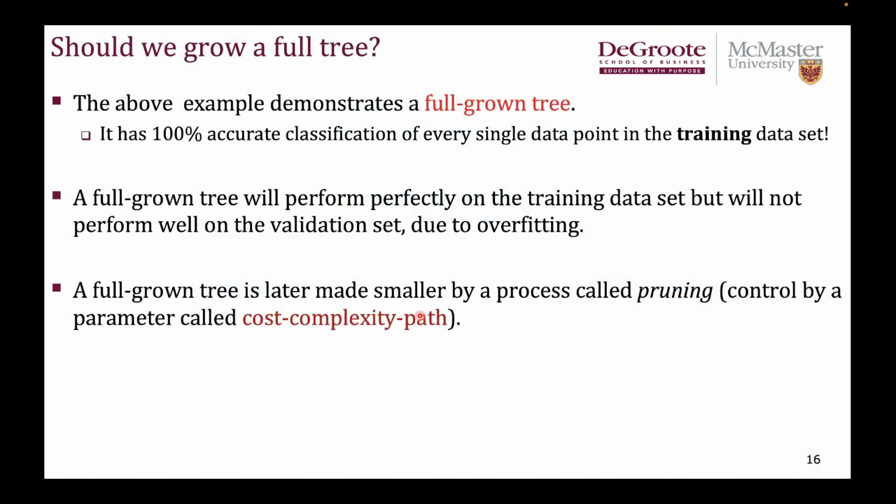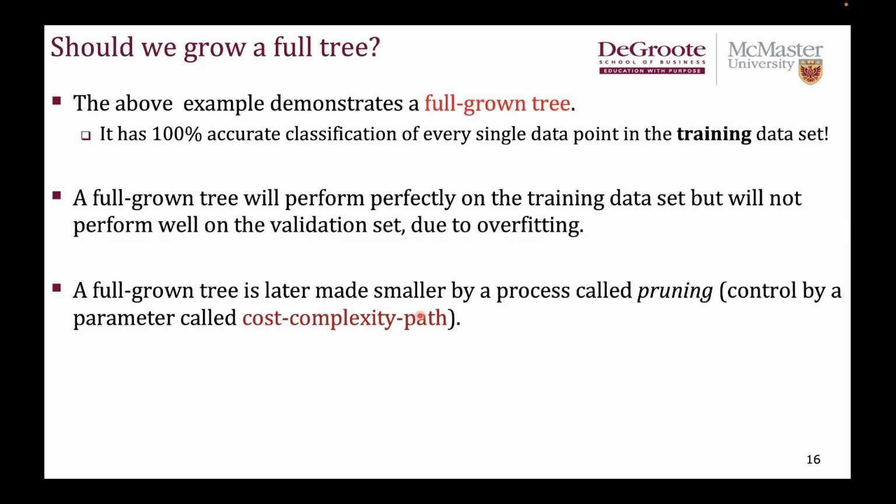So some discussion about whether or not we should grow a full tree. Typically, maybe no, right? Because as mentioned, you may end up with very few data points in a certain node or region, right? So there are restrictions, such as we don't split a node if it doesn't contain many data points, or we require that every resulting leaf node, the node I don't further split, should not have too few data points, right?